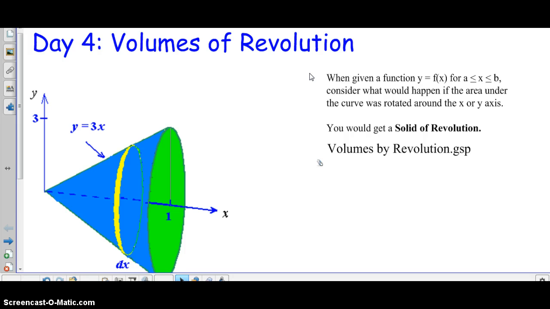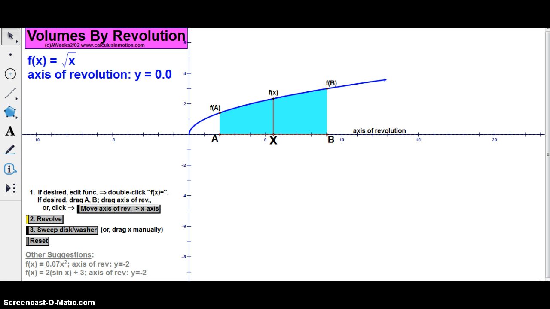We're going to get something called the solid of revolution. This picture is y equals 3x being rotated around the x-axis, and you can see what shape would occur. Let's look at some animation in the Geo Sketchpad.